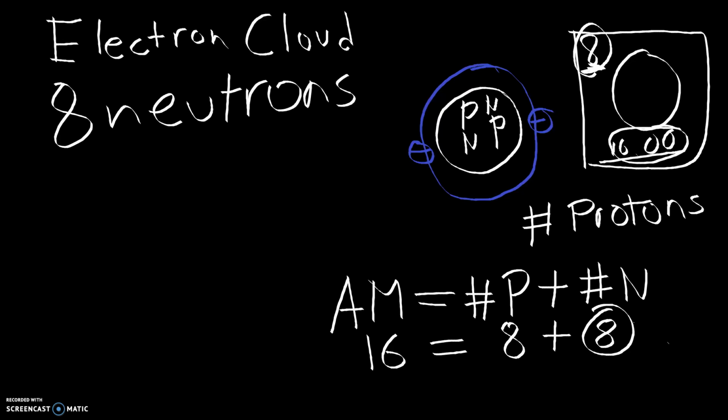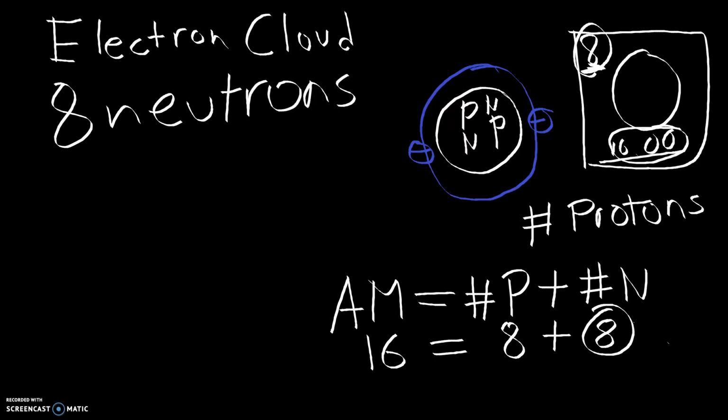Electrons don't really make up the atomic mass because they have a lot less mass than protons and neutrons.